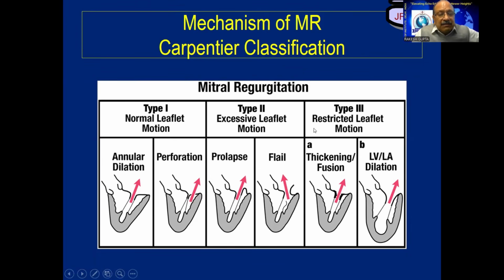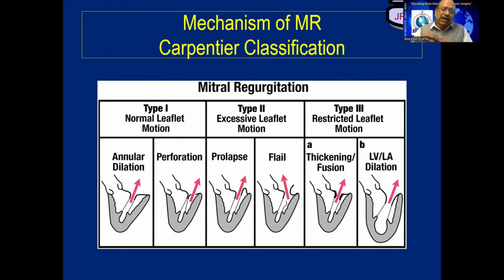On the other side, go to restrictive leaflet. The most common thing is rheumatic heart disease or ischemic or dilated cardiomyopathies. And excessive movement is always myxomatous valves. Thin, long, elongated. You must have read about Marfan syndrome during your postgraduation.